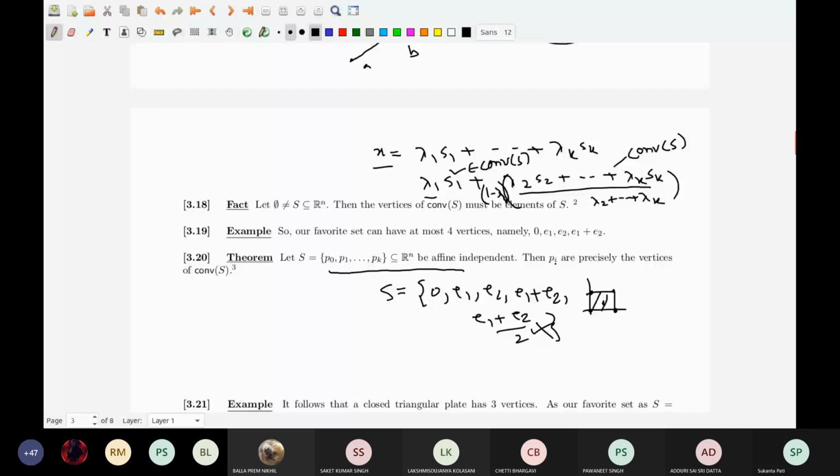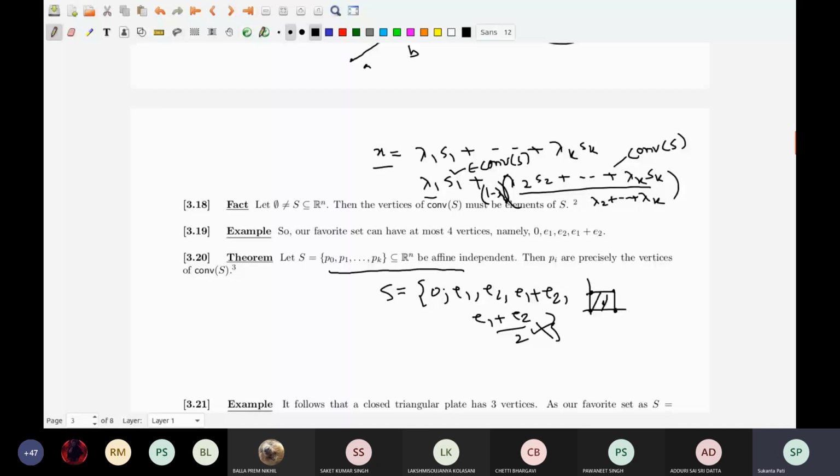So this is just one way. It is saying if you have an affine independent set S equal to P0, P1, up to Pk, and you are looking at the convex hull of S, then the vertices are precisely P0, P1, P2, up to Pk.